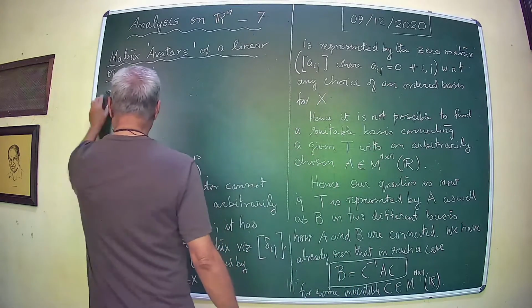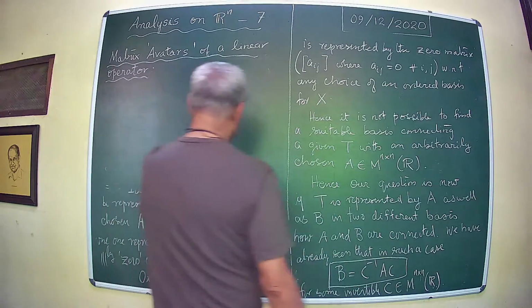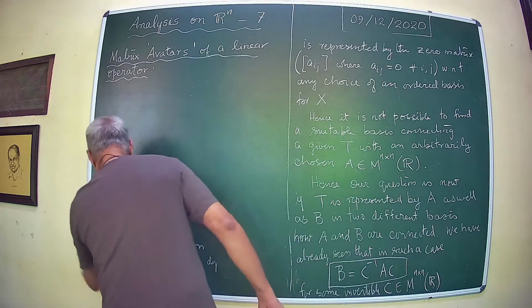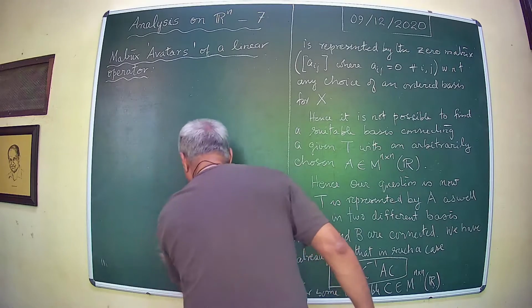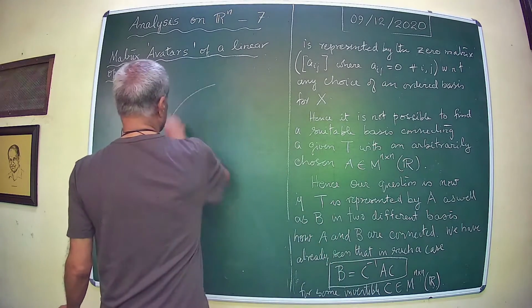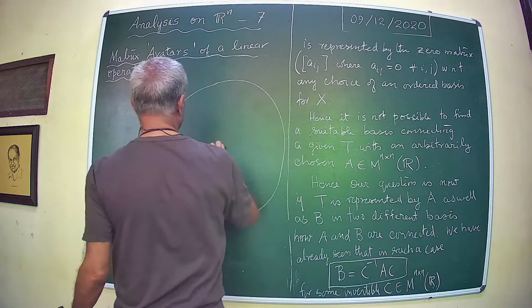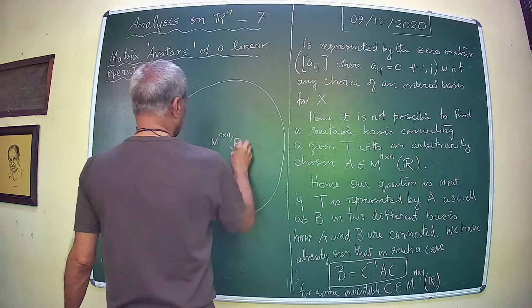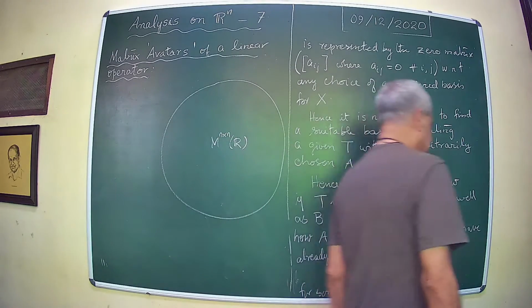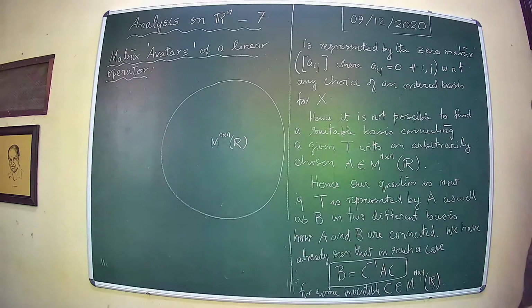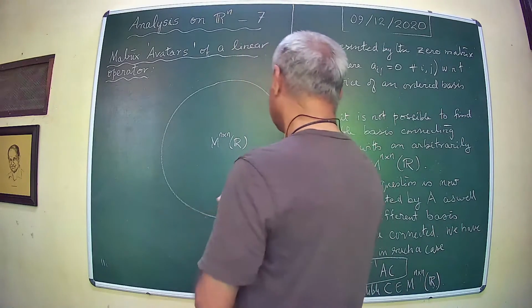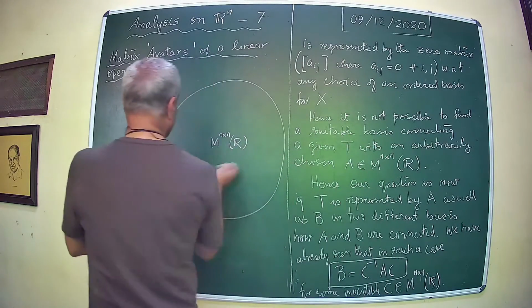Therefore, now we ask a more structural question. So if you take M n cross n R, we observe that some of the matrices are connected, some of them are not connected. Okay? So we define a relation.